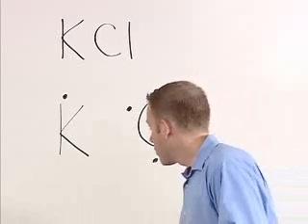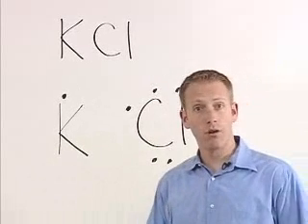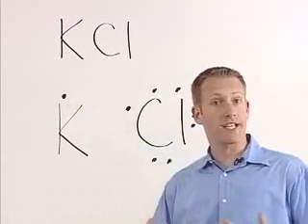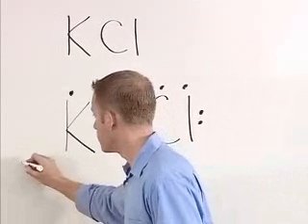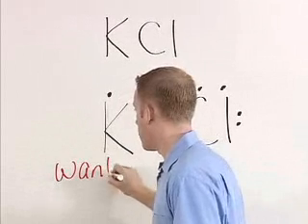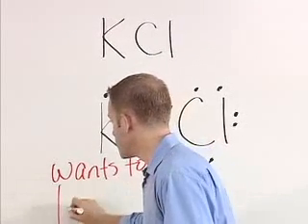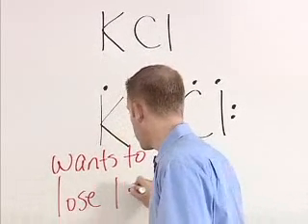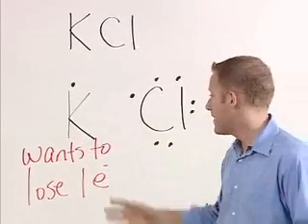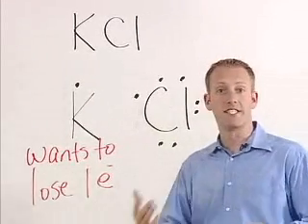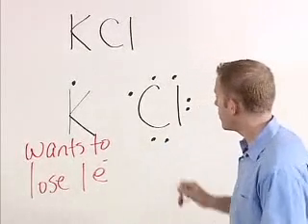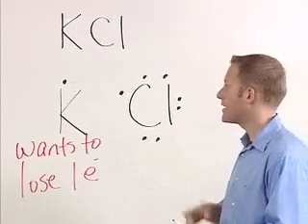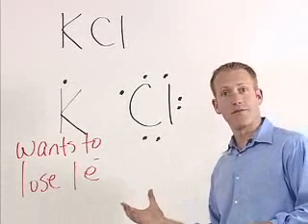Now, what does potassium want to do? Potassium has 1. It wants to get a full shell, so it has to lose 1 electron. So it wants to lose 1 electron. And the e negative just represents an electron, because it's really important that you remember that it's negative. What does chlorine want to do? Well, chlorine has 7 electrons, and it wants a full shell.